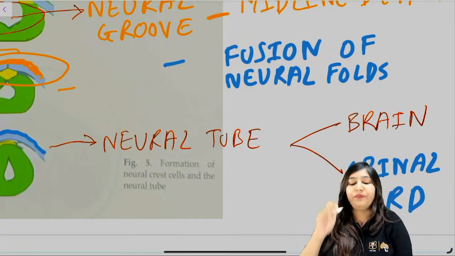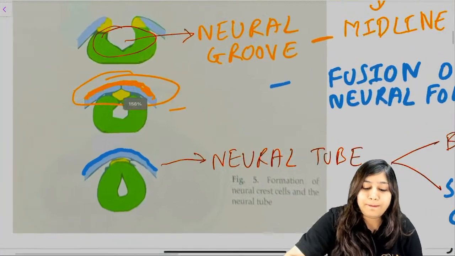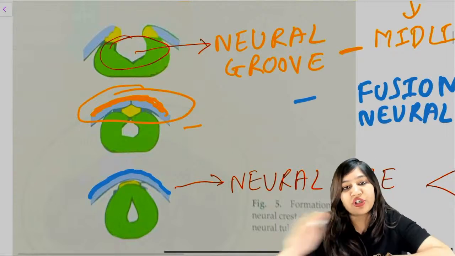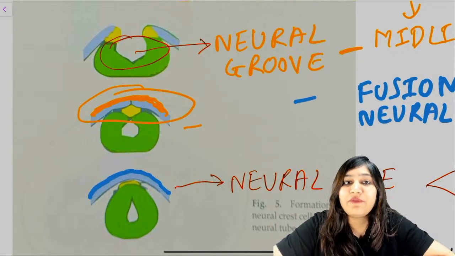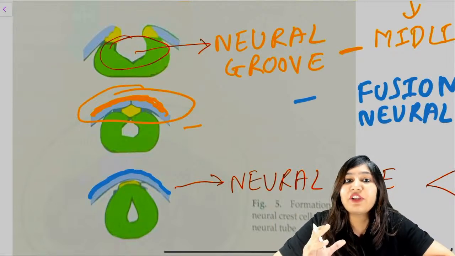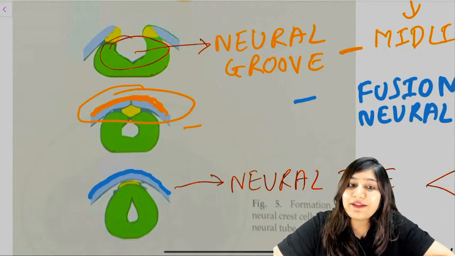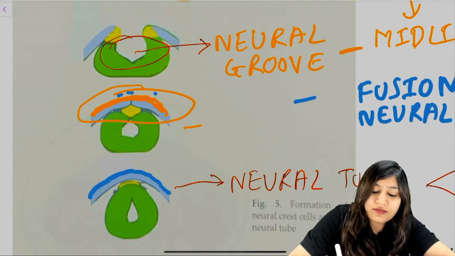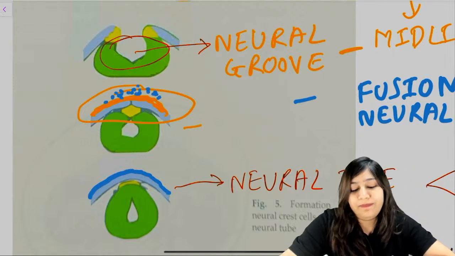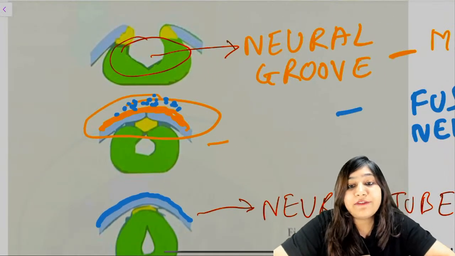Now, at the crest portion of the neural folds, we can see a group of cells which undergo proliferation and differentiation. Here, at the crest of the neural folds, we can appreciate a group of cells differentiating.